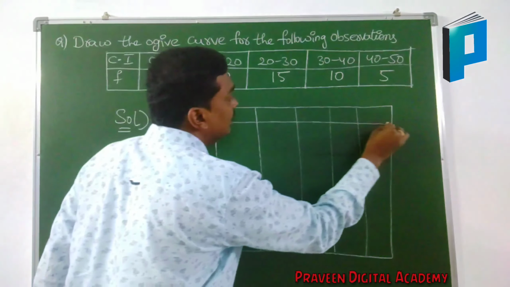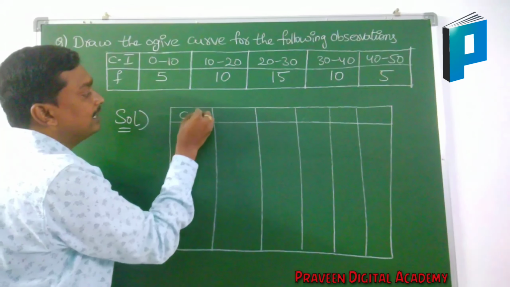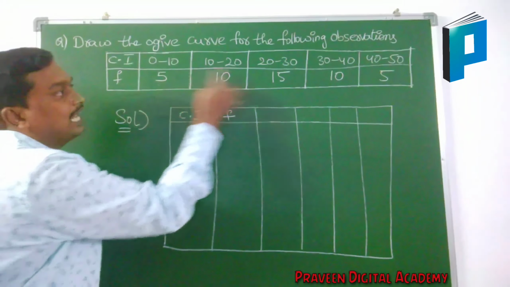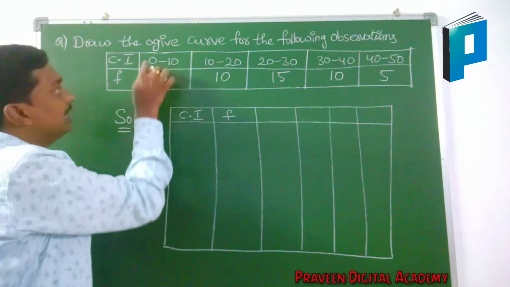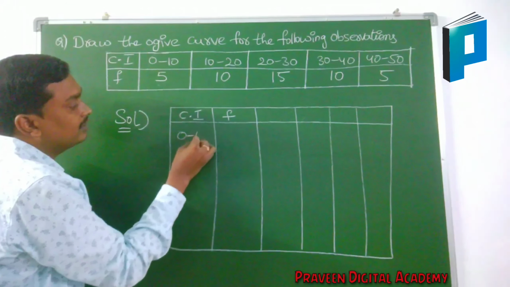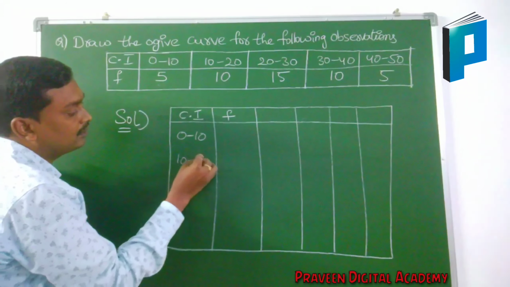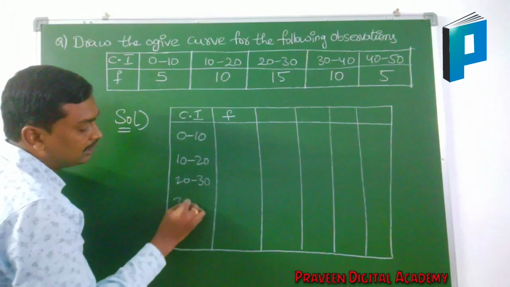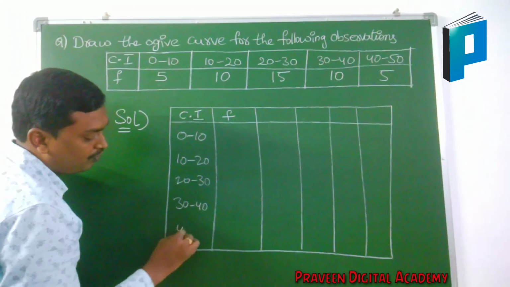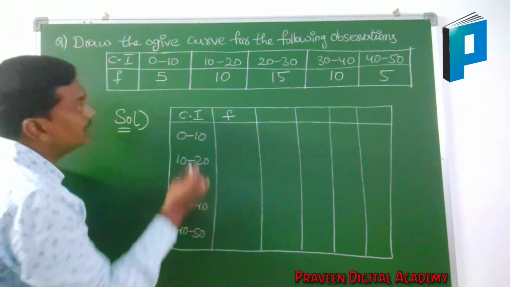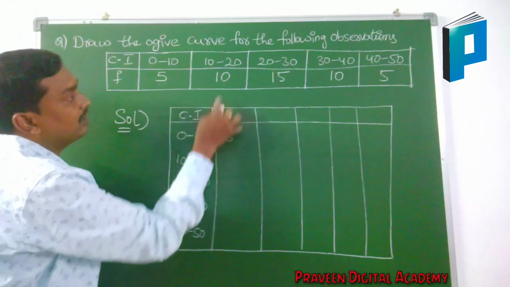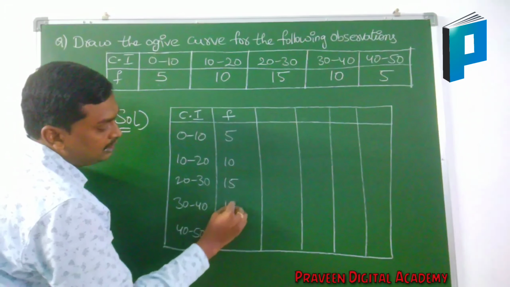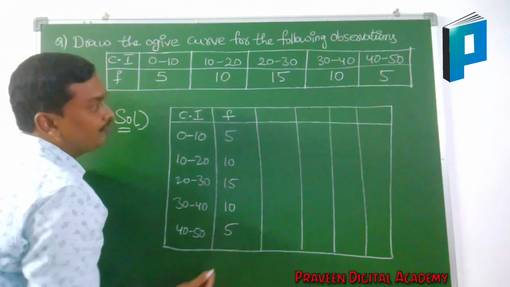The first one is class interval, the second one is frequency, which are given in the question. The class intervals are 0 to 10, 10 to 20, 20 to 30, 30 to 40, 40 to 50, and the frequencies are 5, 10, 15, 10, 5.